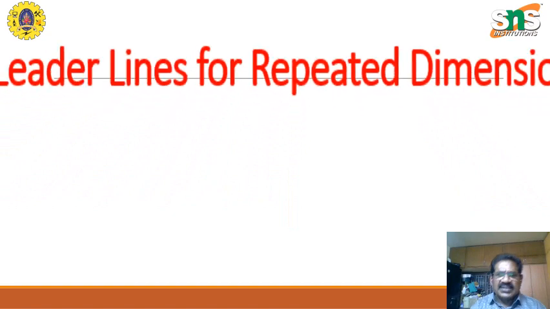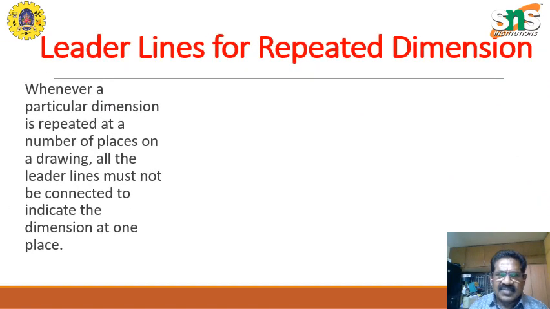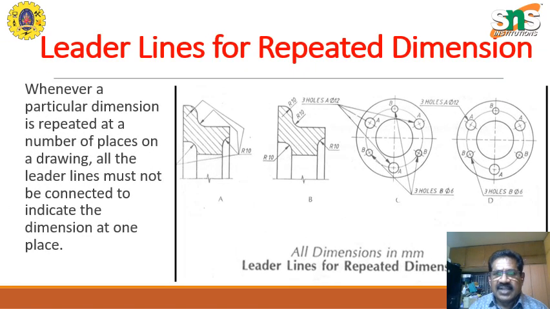The next one is leader lines for repeated dimensions. There are some kinds of dimensions where holes are repeated. So you need not write the dimension for every hole. I just mark one and then say 3 holes of dia 6. That is what I can write down here. So one can really understand that these 3 holes are of one type.